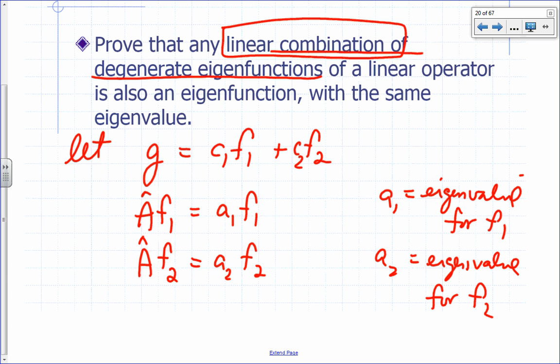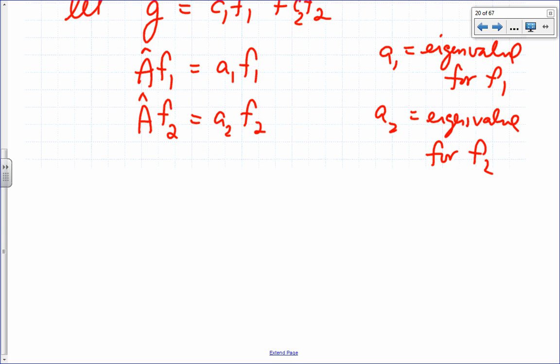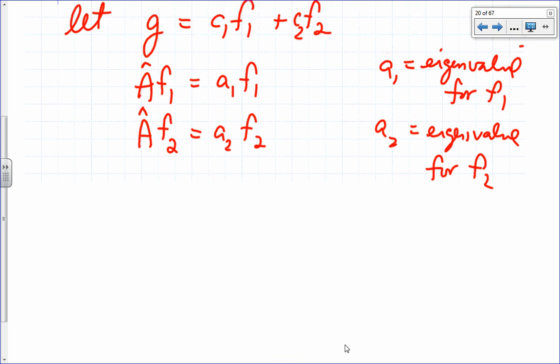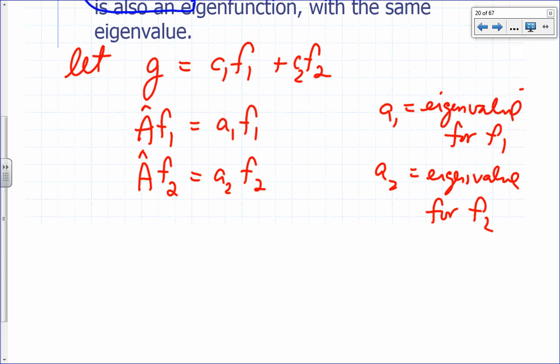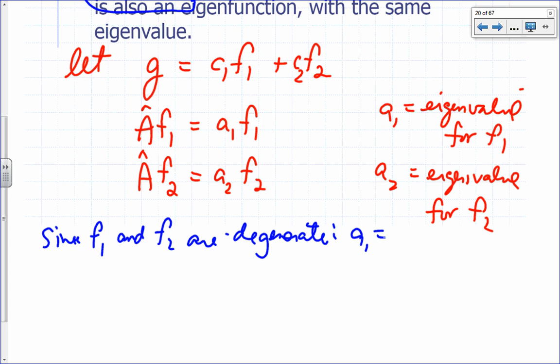Okay. If f1 and f2 are degenerate, what can be said about a1 and a2? They're the same, right? So since f1 and f2 are degenerate, we know that a1 is equal to a2. Okay?